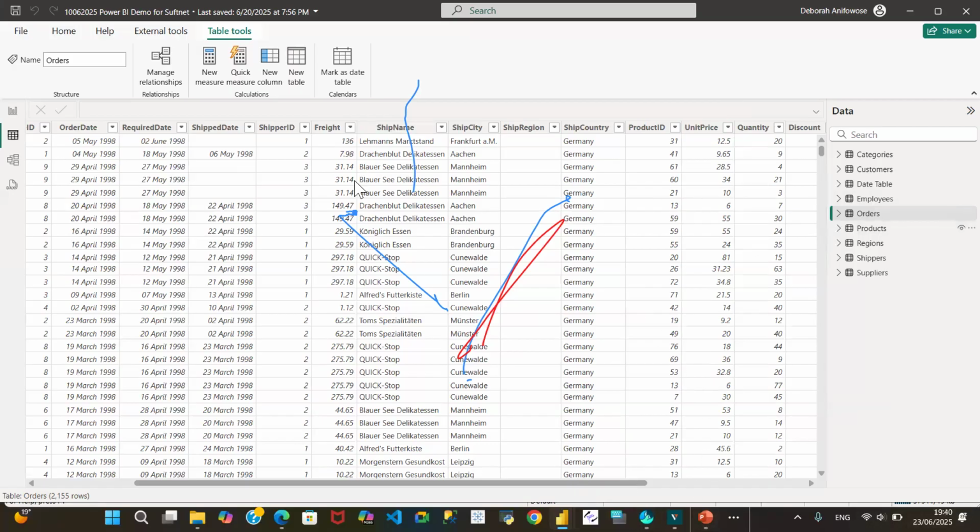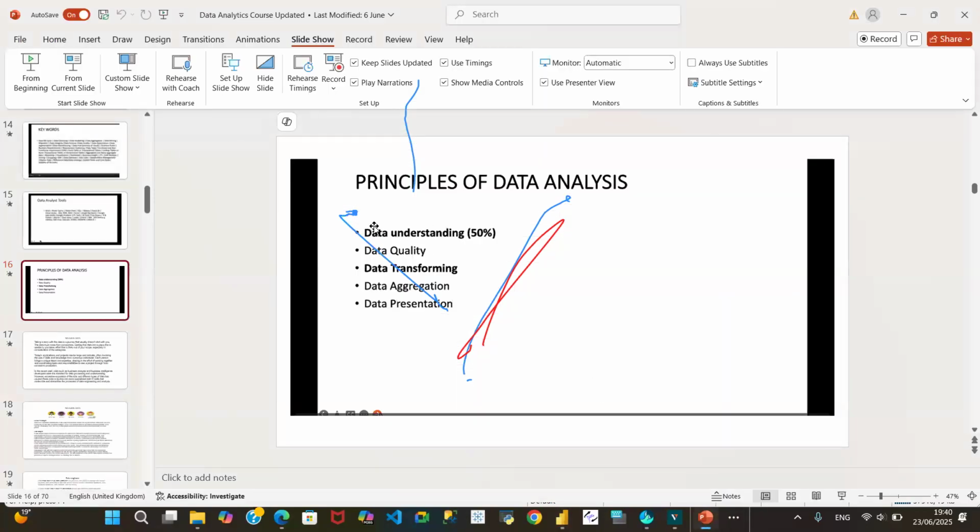Before we proceed too much, we need to practice understanding data more.